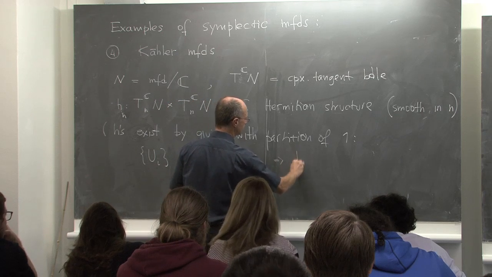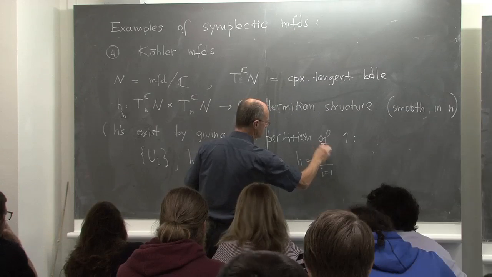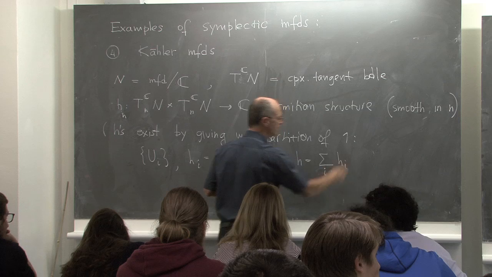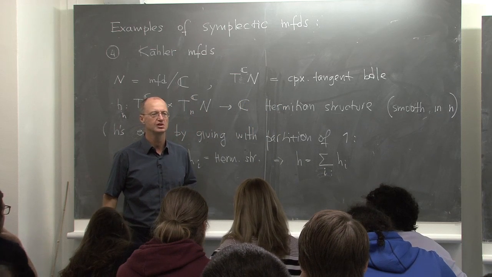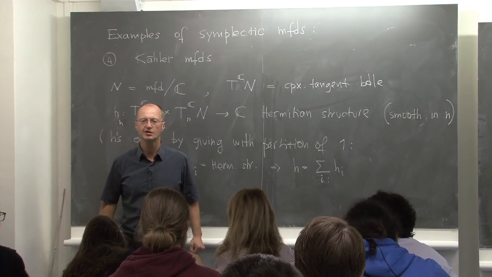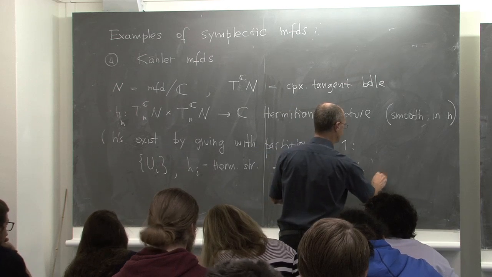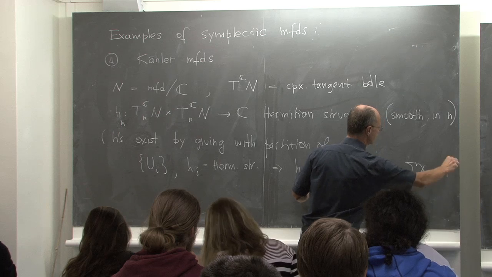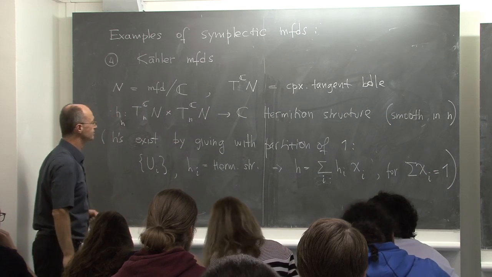Then you can define the sum of H_i times, I'm not sure what is your preferred notation for partition of unity, is it chi or eta, let's say chi_i, for chi's being the partition of unity. Right, so those H's exist.